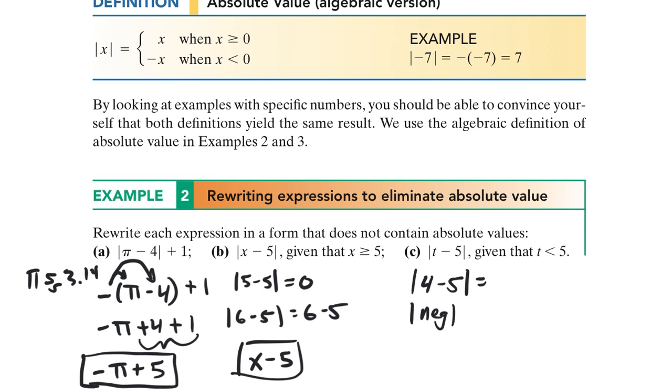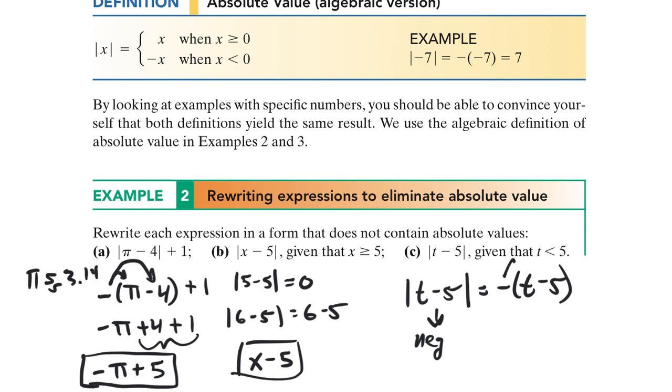And what we can do now is further erase all this stuff. So what's going to happen here is t minus 5, this part, what is it? It's always negative. So since it's always negative, that means it's going to be the opposite of whatever t minus 5 is.